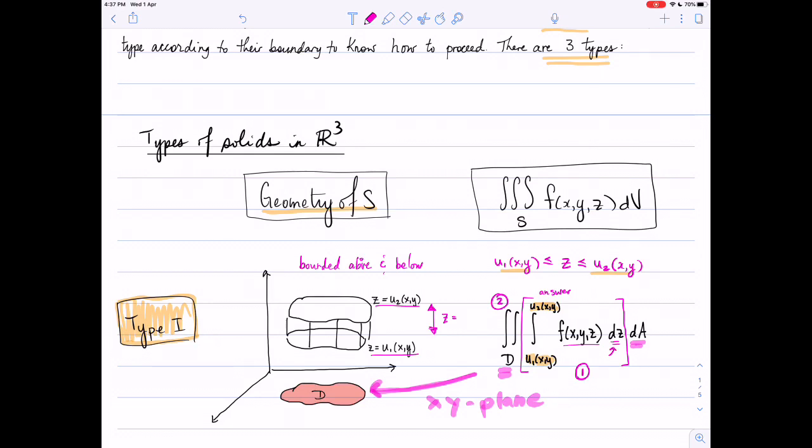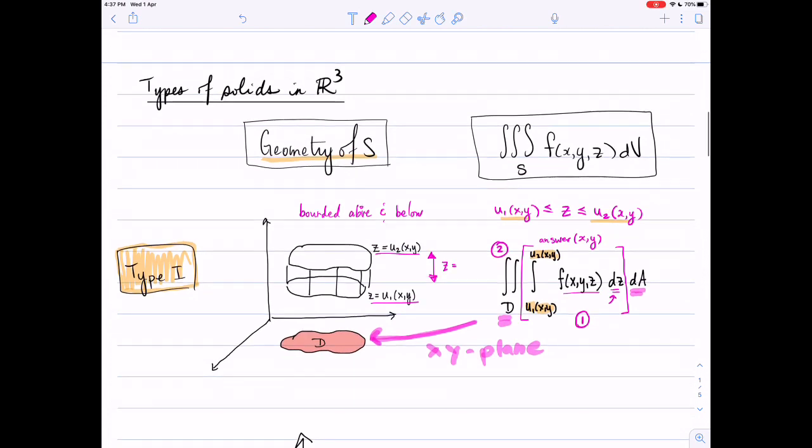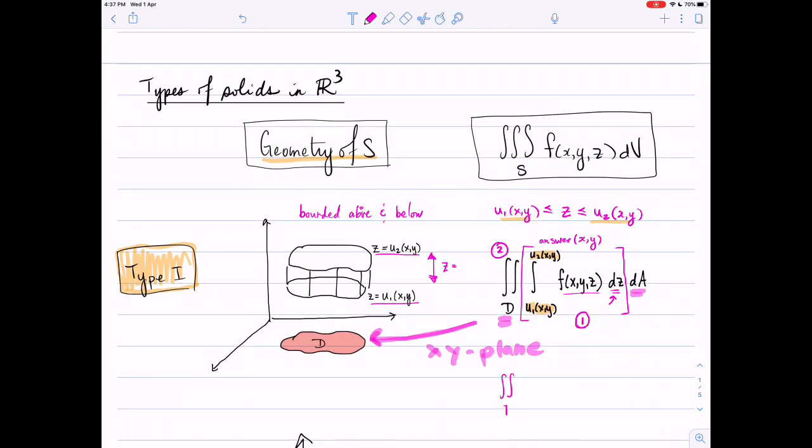So your answer will just be a function of x and y, and you'll be left with the double integral over D of whatever you got out of the first integral, the answer in x and y, dA. And then it becomes an old problem: the second step is just a regular old double integral that you've done quite a bit of so far.